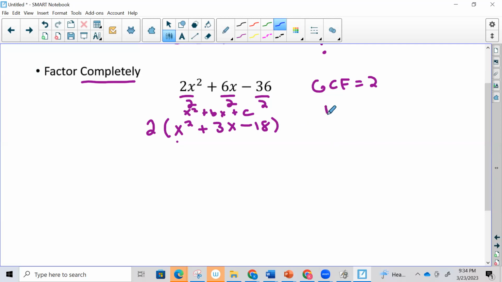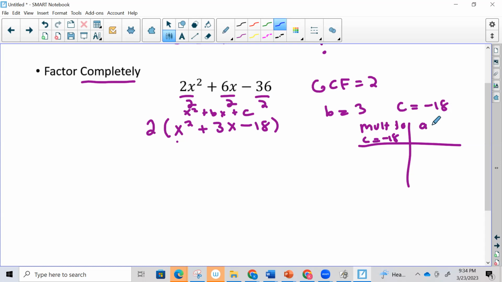So we do the same thing. We find b, which is 3. We find c, which is -18. We make our chart, pretend the 2 is not there. So we need what multiplies to c, which is -18, and adds to b, which is 3.